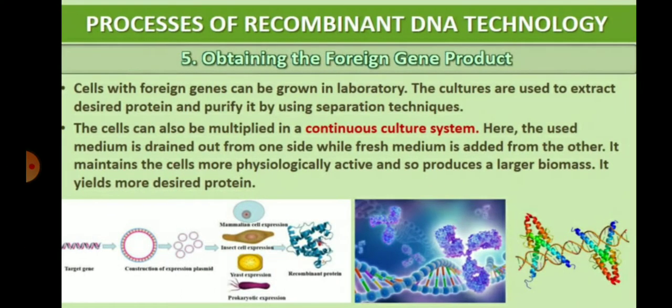So children, the cells with the foreign genes can be grown in the laboratory, and the cultures are used to extract the desired protein and purify it by using separation techniques. The cells can also be multiplied in a continuous culture system. Here the used medium is drained out from one side while fresh medium is added from the other side. It maintains the cells more physiologically active and so produces a large biomass, so it yields more of the desired protein.